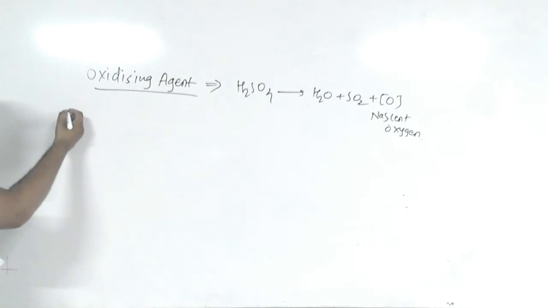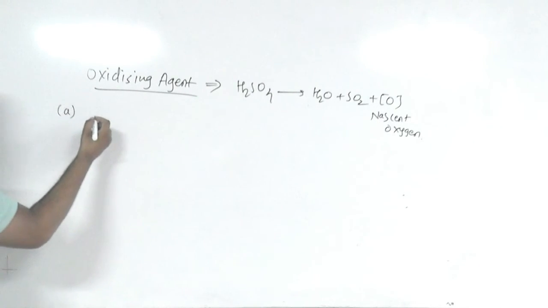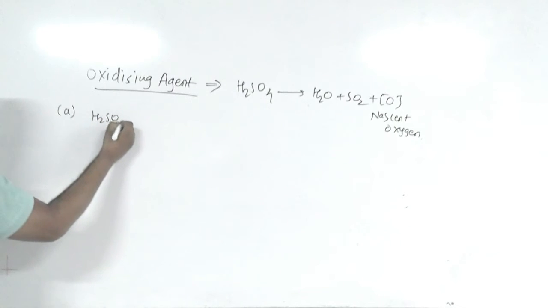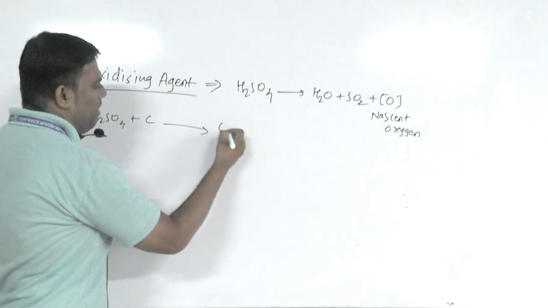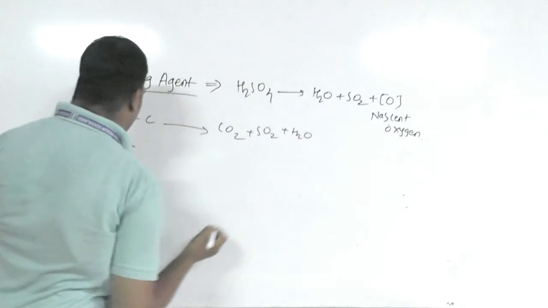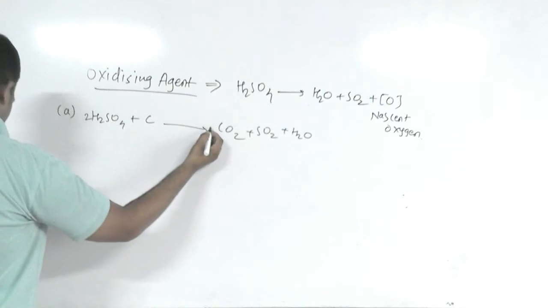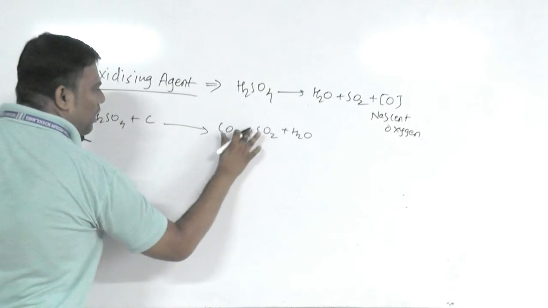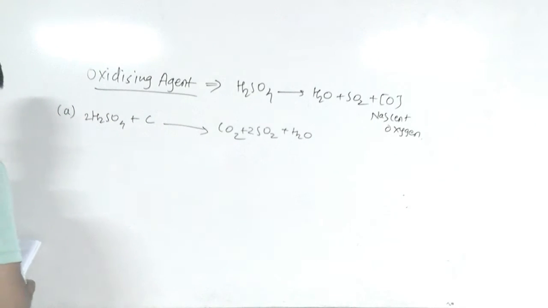See here, small a. Suppose we discuss this reaction. It oxidizes carbon into carbon dioxide plus SO2 plus H2O. We can balance this reaction also. If any doubt comes regarding balancing, you can share it immediately without hesitation.